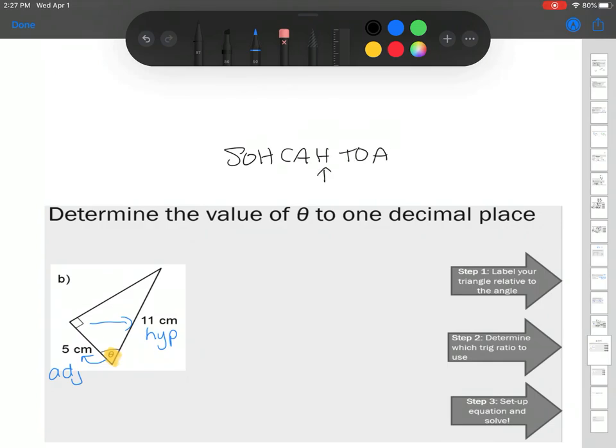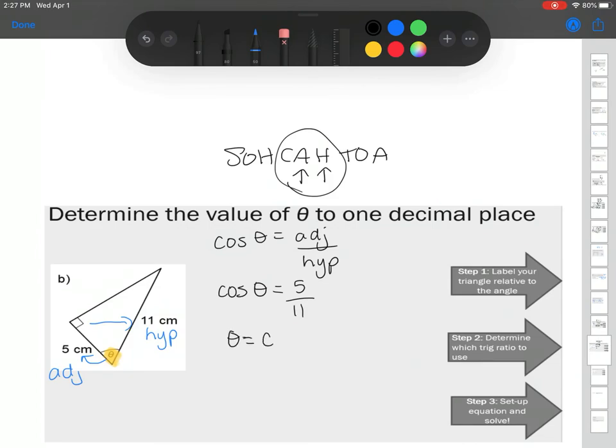Okay, we've got hypotenuse, we've got adjacent, so that is cos. Okay, so the inverse of cos is cos to the -1, which is 62.964. So then when you round that, you're going to get 63.